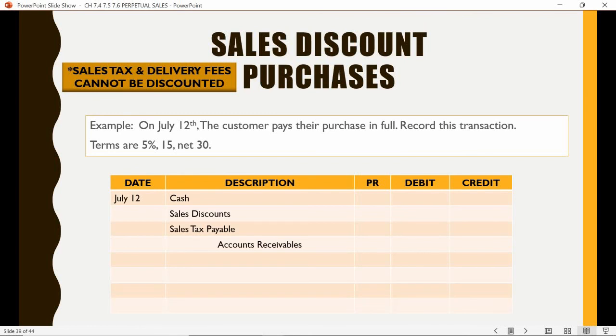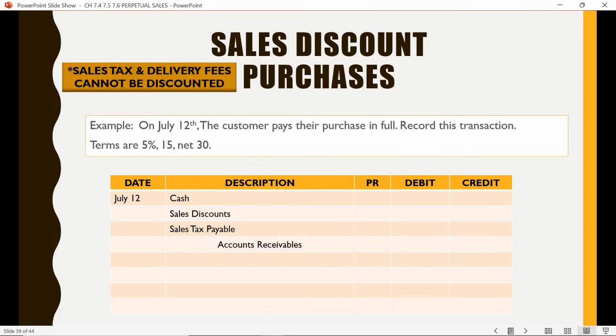We are going to get cash at the end of the day, but I also have to recognize a sales discount, which is going to decrease your sales. And because we already charged the tax, we have to give the portion of the tax money back as well, because these items are now discounted. They're not in full, they're discounted by 5%.